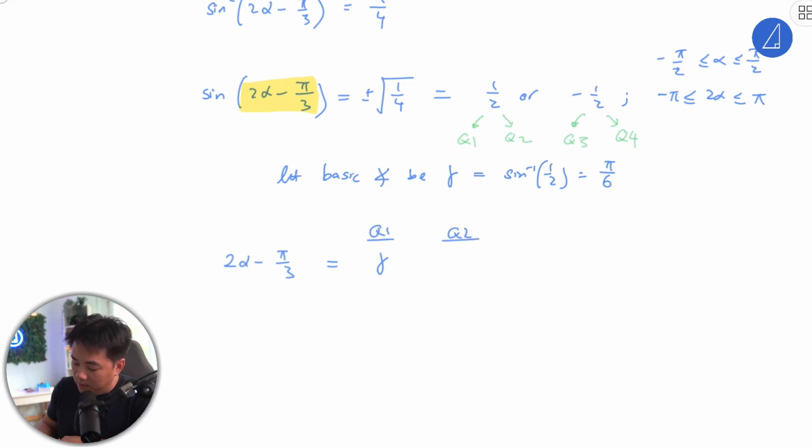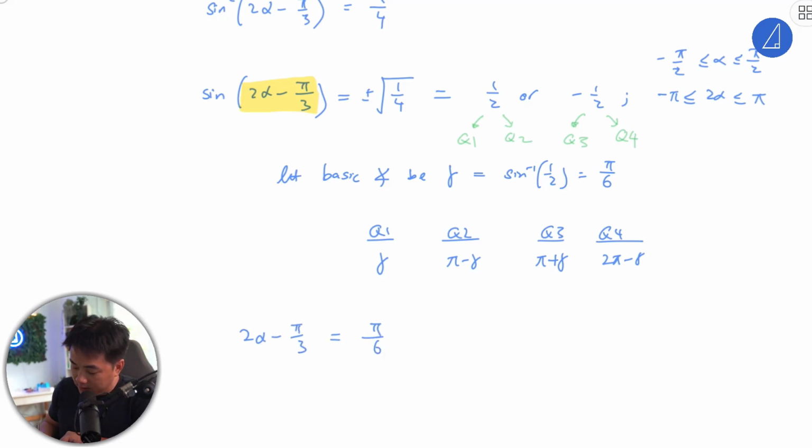Quadrant 2 will be pi minus gamma. Quadrant 3 will be pi plus gamma. Quadrant 4 will be 2 pi minus gamma. Okay, so that's that. I'm going to write this down. This will be 2 alpha minus pi over 3.